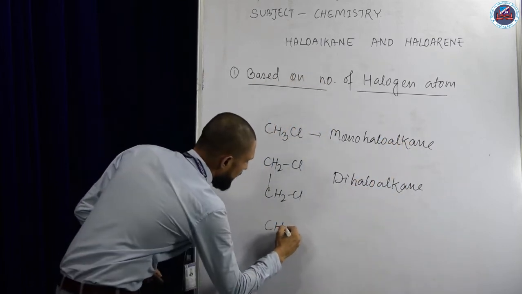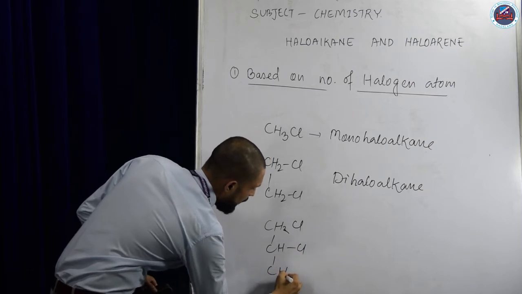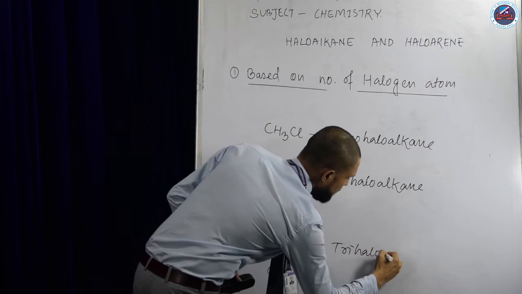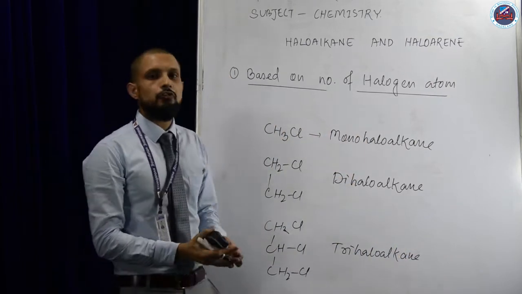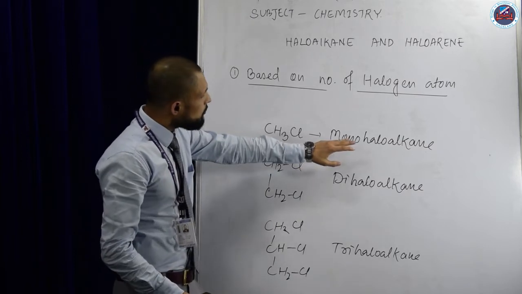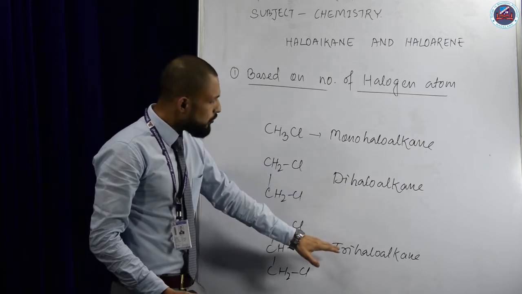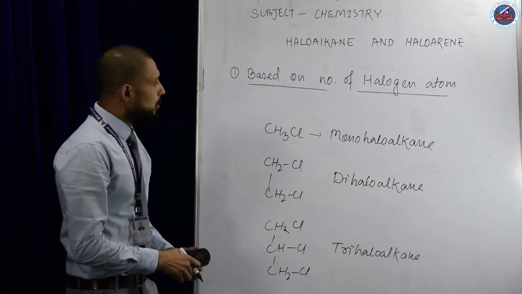If there are three halogen atoms, it is known as trihaloalkane. So in this classification, we use the prefix mono, di, and tri to represent the number of halogen atoms.